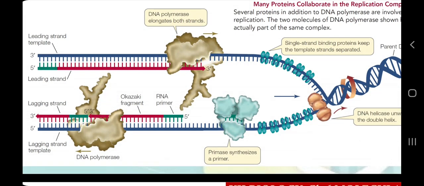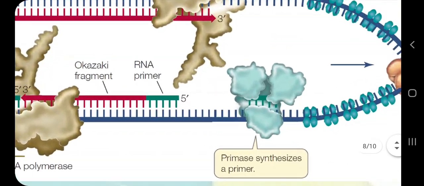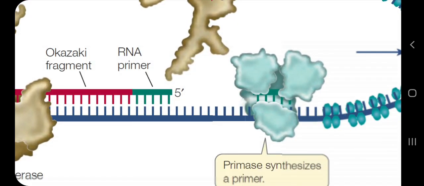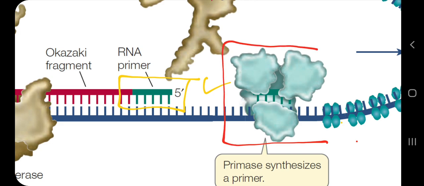Again, even after this, DNA polymerase cannot synthesize a new DNA molecule. It needs a short RNA sequence which is called RNA primer, or simply primer, from 5' direction to 3' direction. So primase is a kind of RNA polymerase which will perform this job. This is a very complicated process. First DNA will unwind, DNA helicase will do that.